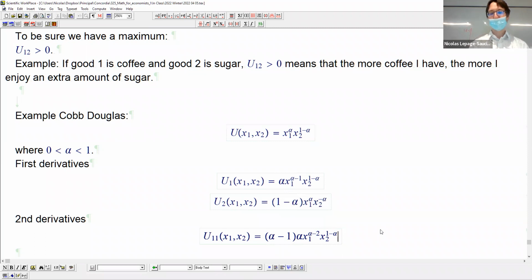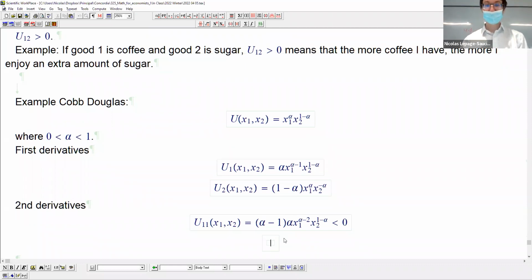Positive. Now that one. Remember, I can only consume positive amounts of good 1 and good 2. Yes, negative. Why? Because here alpha minus 1 is smaller than 0. So that works. And then let's look at the second cross derivative.